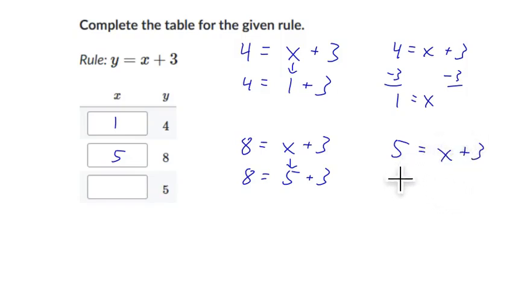Well, we know that 5 equals 2 plus 3. So x must equal 2. So the input is 2. So notice in each case here, the y is 3 more than the x. 1 plus 3 is 4, 5 plus 3 is 8, and 2 plus 3 is 5.